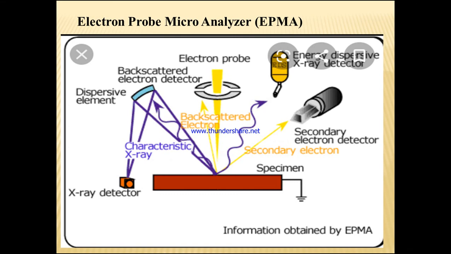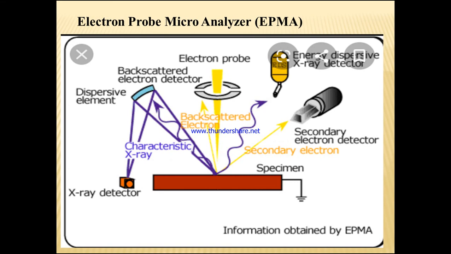But the only disadvantage or limitation of this electron probe microanalyzer is that it cannot analyze the lighter elements. For example, helium, lithium or hydrogen cannot be analyzed by using this electron probe microanalyzer.